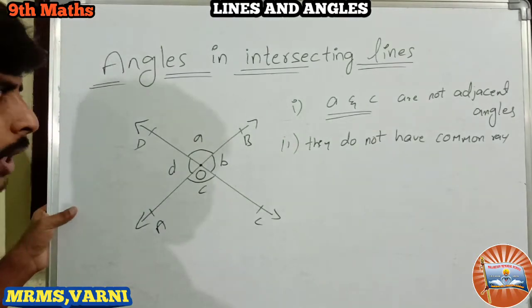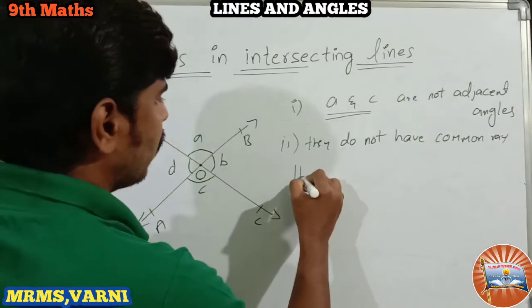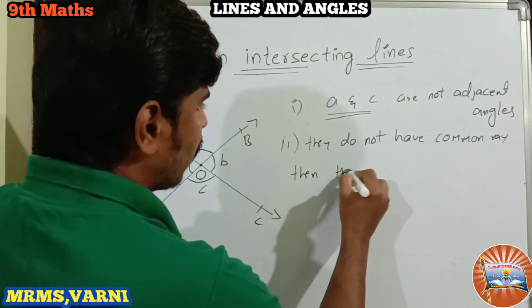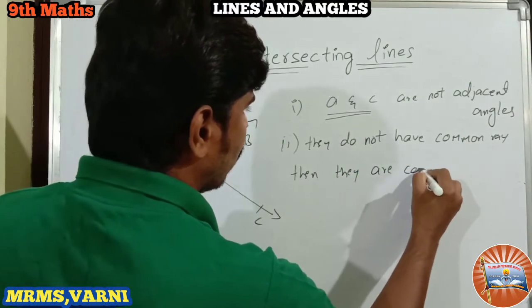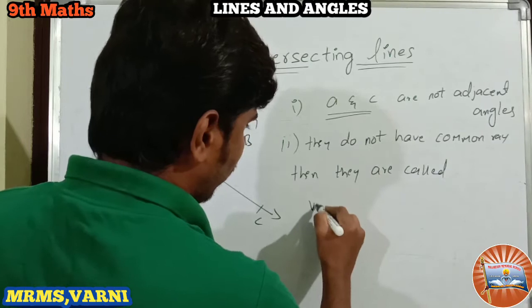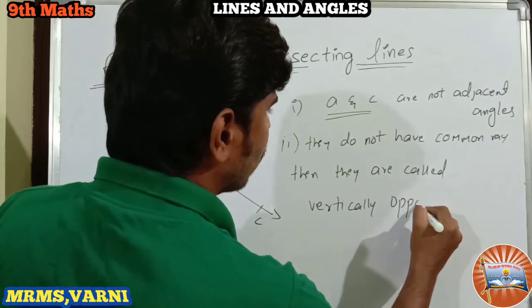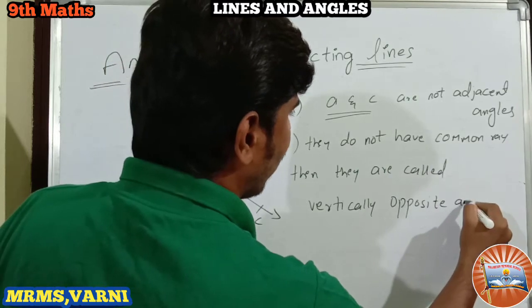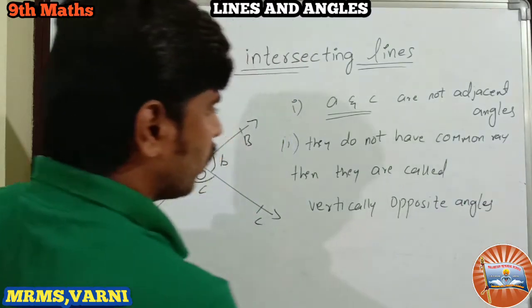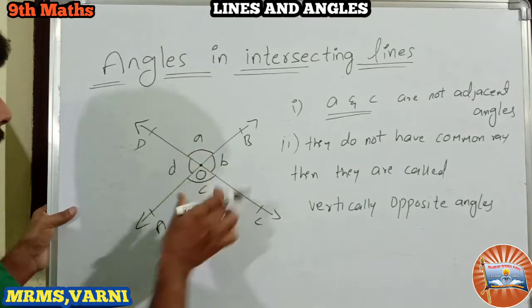Then they are called vertically opposite angles.